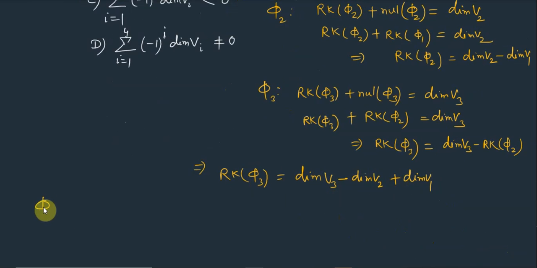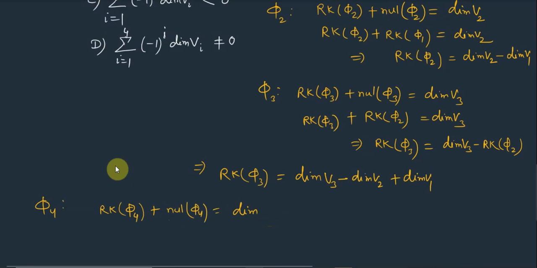Now for the last one, phi4, rank of phi4 plus nullity of phi4 is equal to the dimension of... only phi3 is given, so we do not have a transformation phi4.